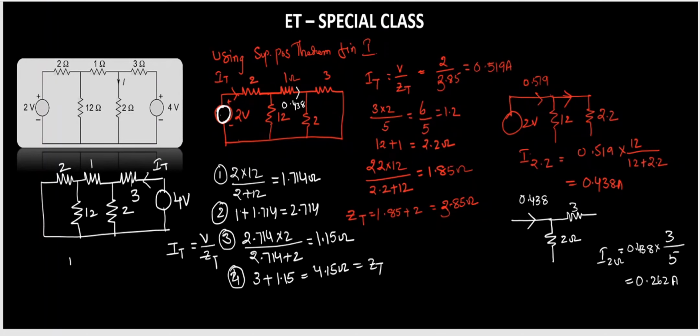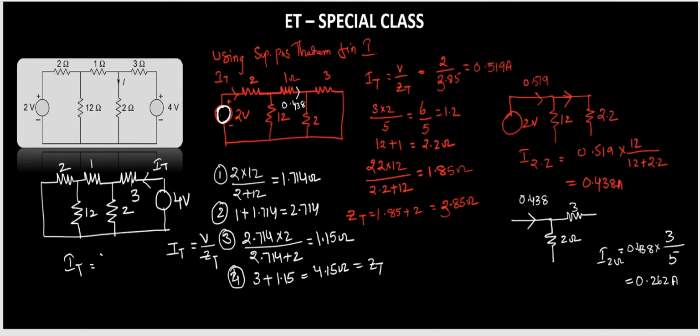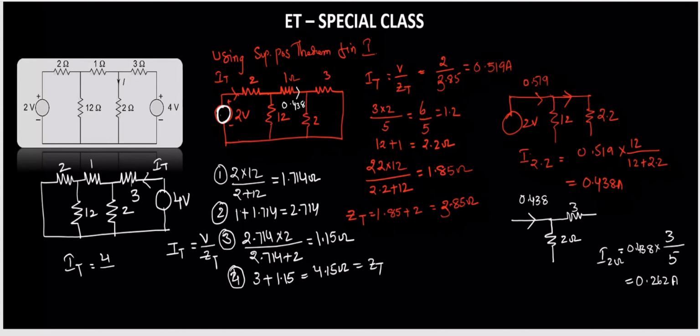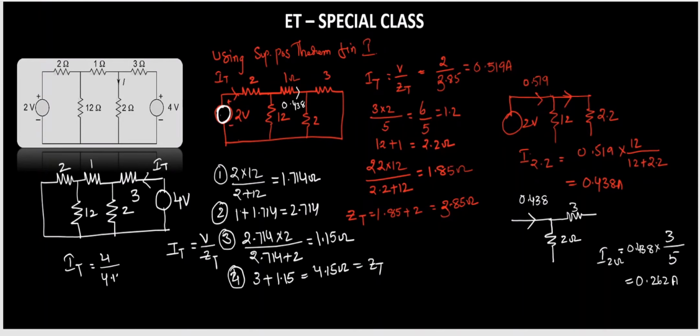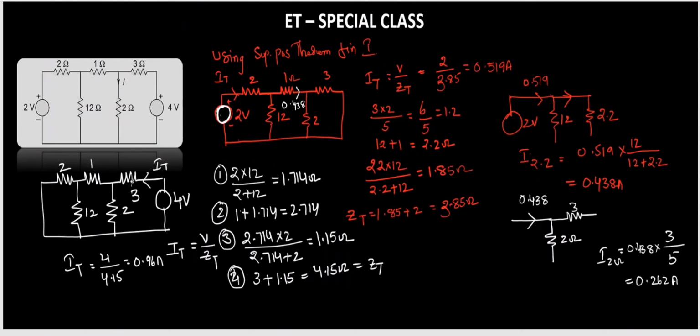Now you tell me what is IT. IT is equal to 4 divided by 4.15. How much? 0.96 amperes.